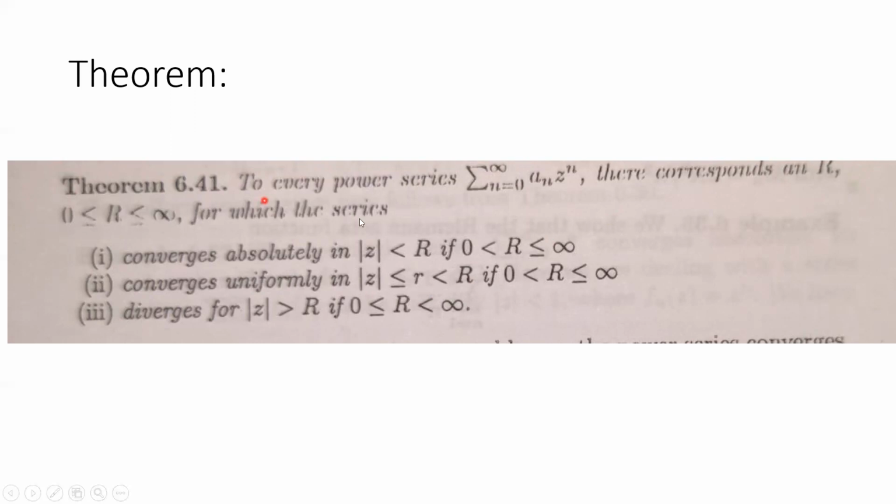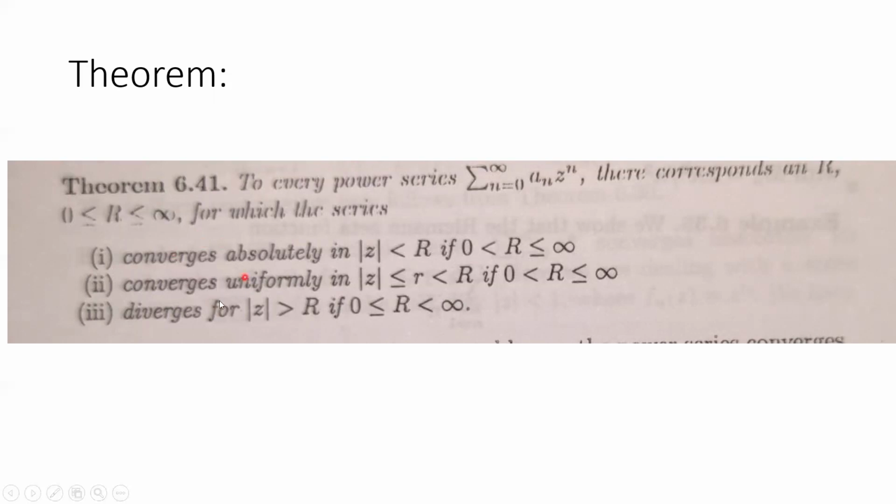So what does it state? It states that to every power series, summation n equals 0 to infinity a_n z^n, there corresponds a real number capital R, which is finite or sometimes may be infinite. Its range lies from 0 to infinity, with equality also allowed, so it may be 0 or infinite. Infinite means the whole plane.